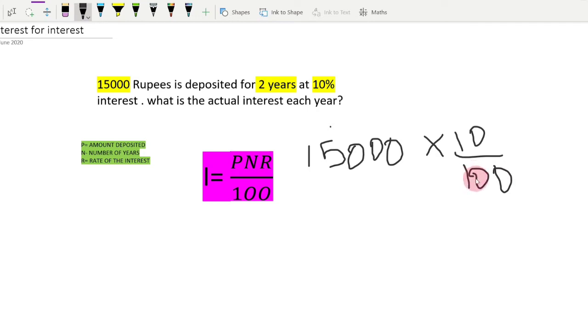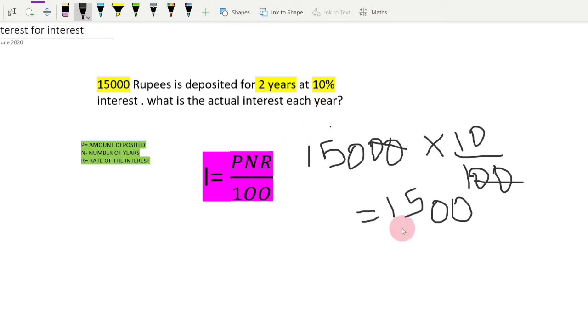Here we have 2 zeros, cut those 2 zeros from the top. Then we have 150 and 10. So 150 into 10 is equal to 1,500. So 1,500 rupees have to be paid in 1 year.